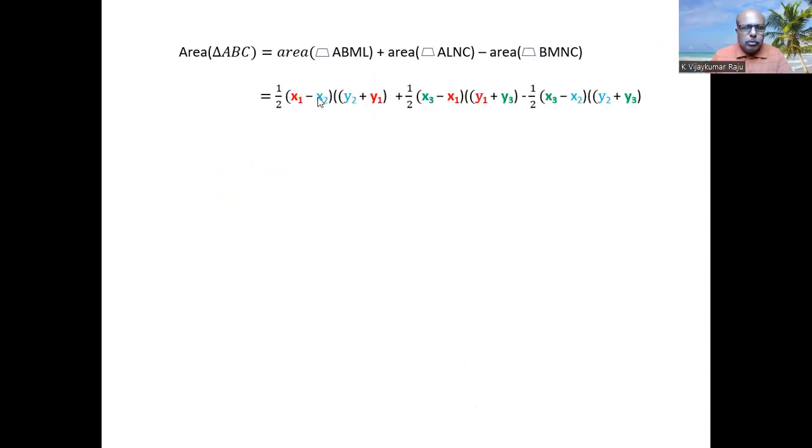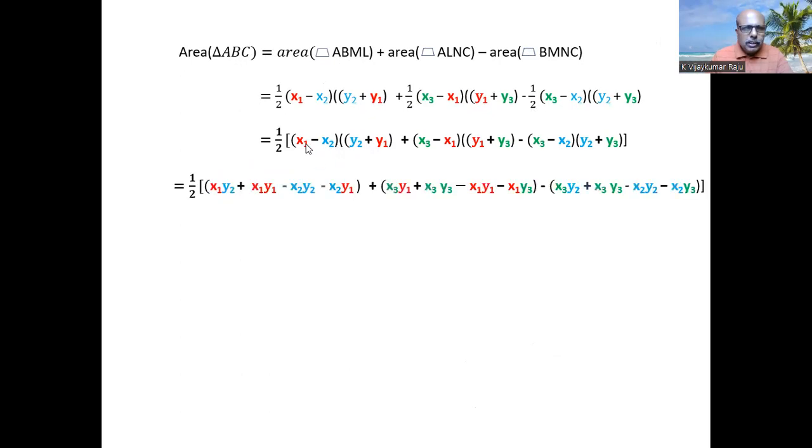The values which you have already put, substitute them in this. Now let us take out half outside, and remaining all written inside the bracket. Now let's multiply all these. When you multiply it is x1 y2 plus x1 y1 minus x2 y2 minus x2 y1.